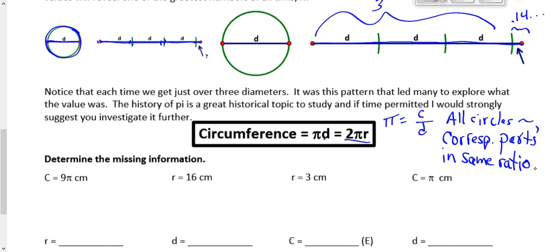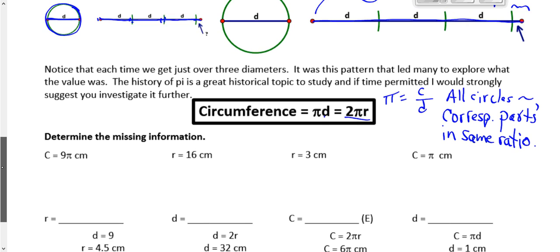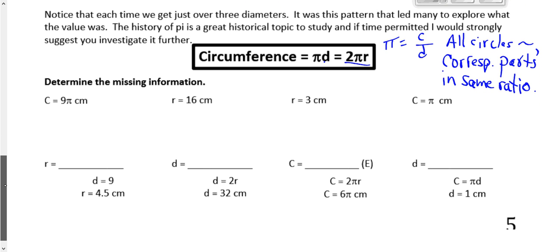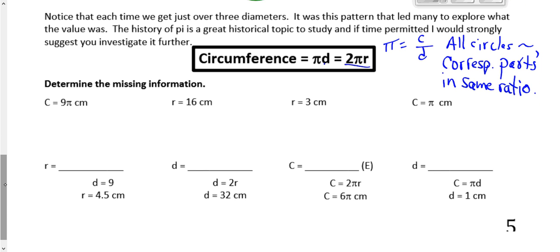Okay? Well, let's look at some examples. Simple ones here at first. All right? So, determine the missing information. They give us this equation: C equals 9 pi. We want the radius. Okay? Now, we have two options here. We can either say C equals pi d, which is also equivalent to C equals 2 pi r, right?